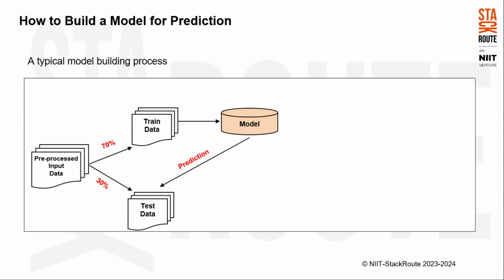So for example, if I have a regression model to predict sales, my predictions would be the sales values for the 30% testing data, which I'll be comparing with the actual sales data which I have in my test data. Or if I have a classification model, my 30% data will have the actual classes, which I'll compare with the classes the model is predicting, and then I'll find out whether my prediction model is good, whether it is predicting the required class or not.